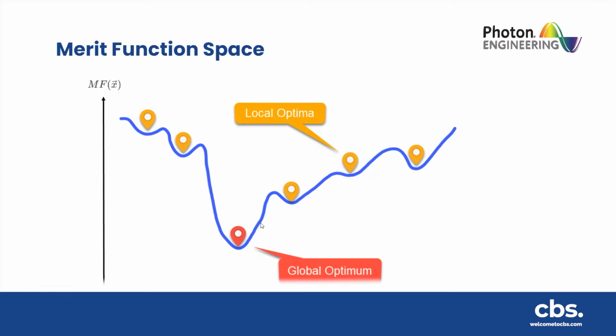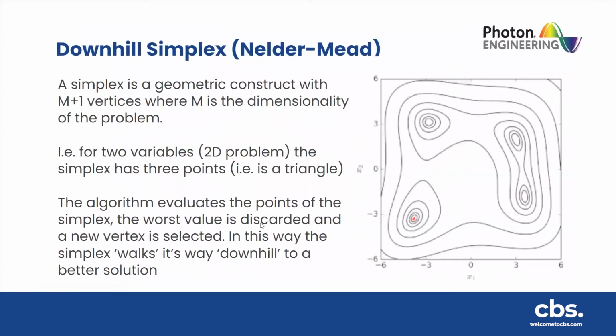Now, there are multiple optimization methods out there, and the one that FRED uses is called downhill simplex, which is also known as the Nelder-Mead method. A simplex is a geometric construct with m+1 vertices, where m is the number of variables that we have. So if we think of a 2-dimensional problem, then the actual simplex shape itself is a triangle.